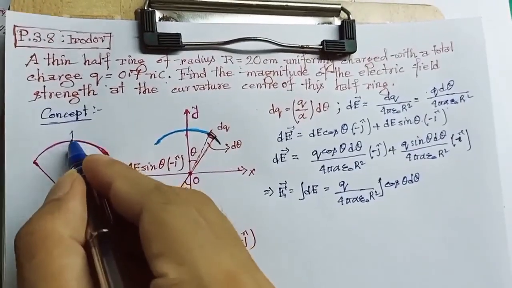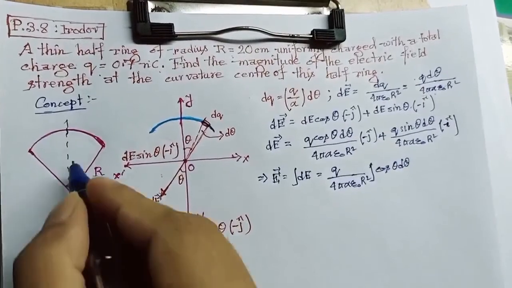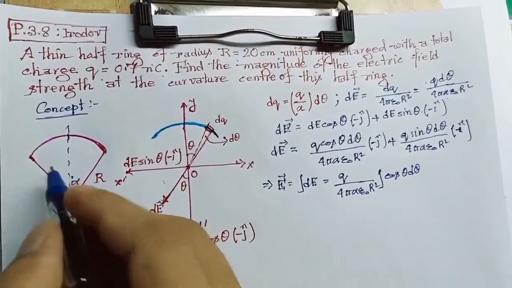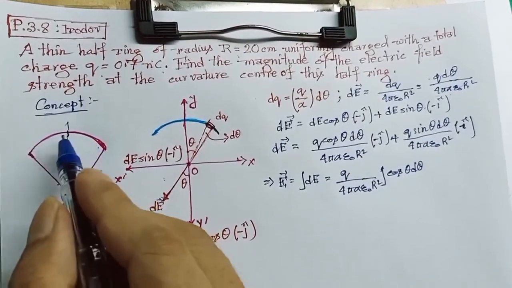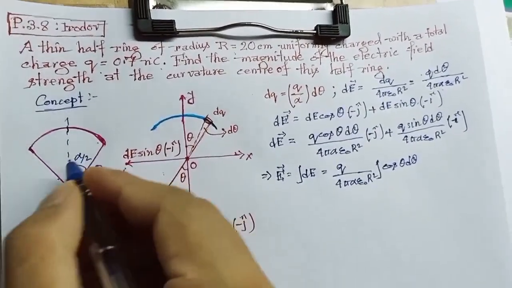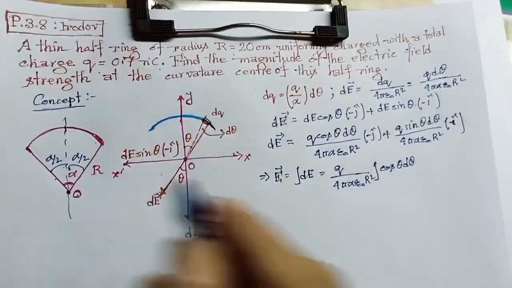If this is our y-axis and it is passing through the center of curvature, and the arc segment makes a total angle alpha at the center, then its half angle will be alpha divided by 2 on one side, and there will be another angle alpha divided by 2 on the other side.